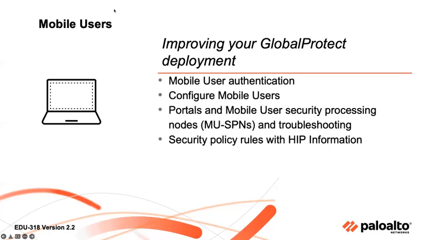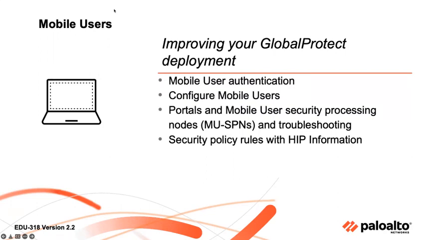So as I mentioned today, we're going to be talking about best practices for improving your GlobalProtect deployment through Prisma Access, what we call the mobile user solution. We're going to run through mobile user authentication, the whole configuration and deployment process with some best practices there.